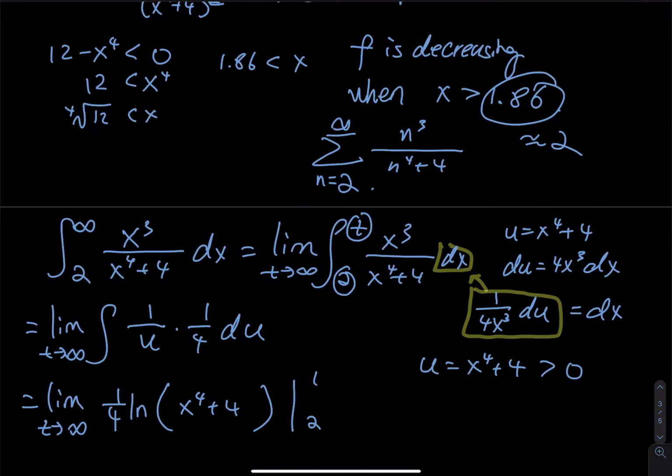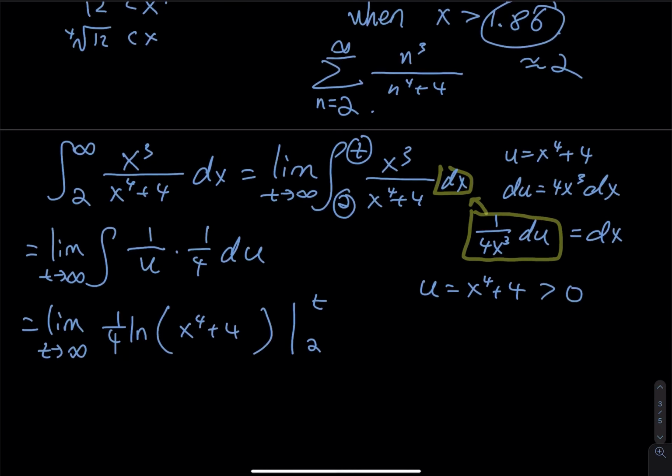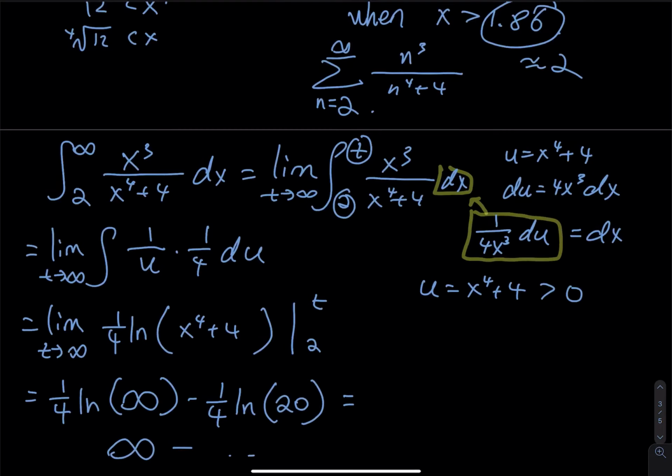And then you plug in the t, you plug in the 2, then you have 1 over 4 ln of infinity to the 4th plus 4, still infinity, minus 1 over 4 ln of 2 to the 4th power, which is 16. 16 plus 4 is equal to 20. So that will be an infinity minus that, which is equal to infinity. Then we have an infinite area. So the area under the curve is infinite.